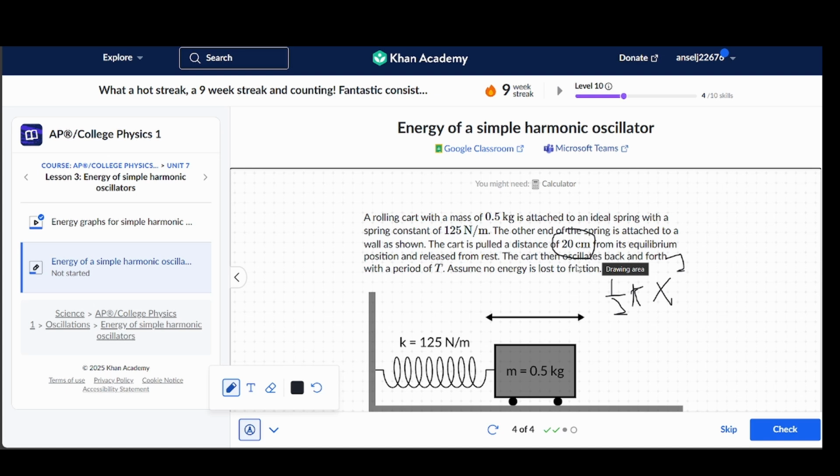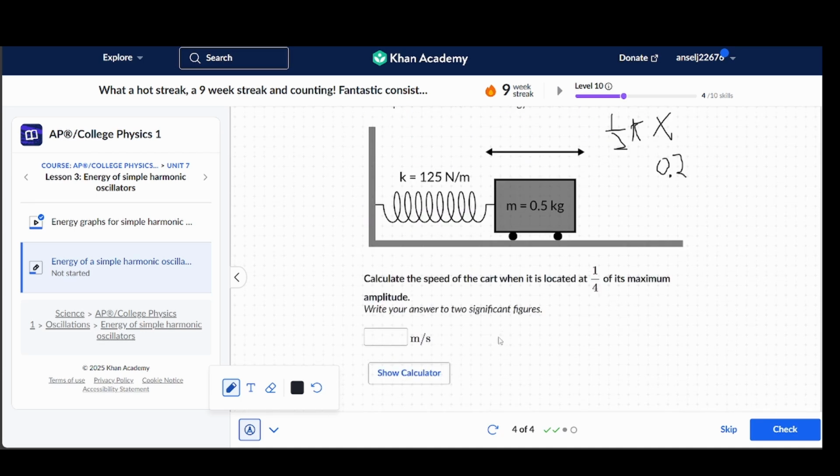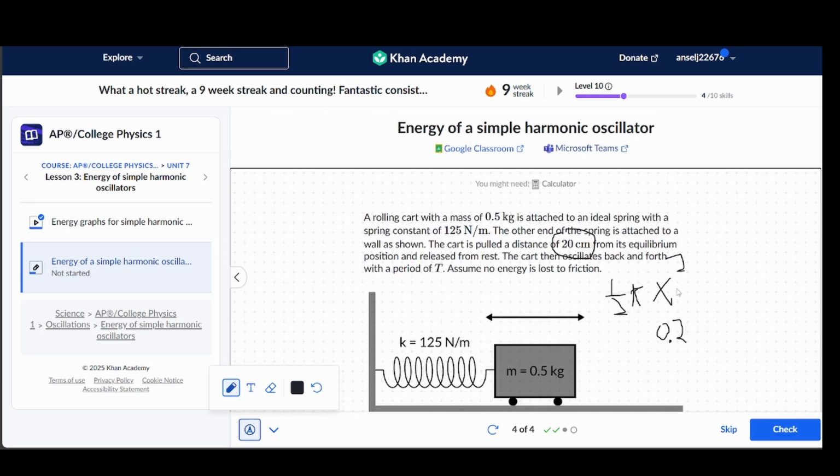It's not meters, it's centimeters, which means it's 0.2 meters. I think this is just 0.04, right?